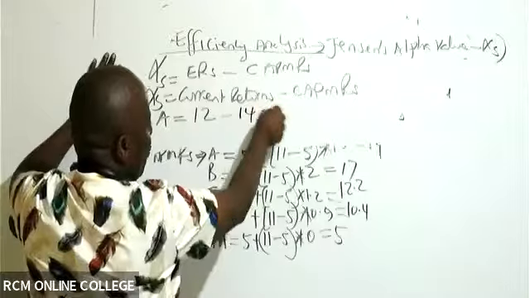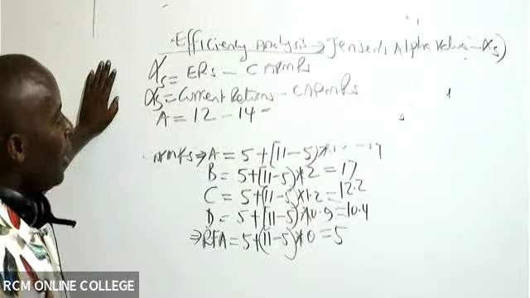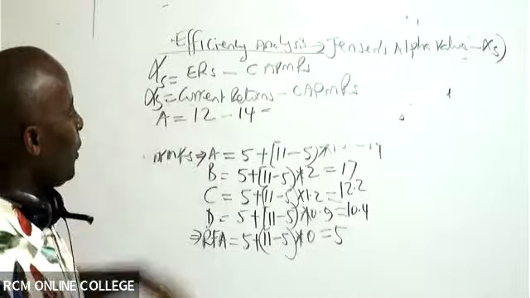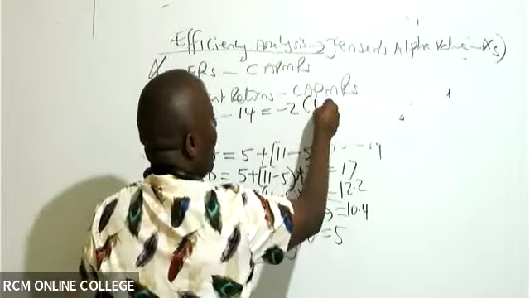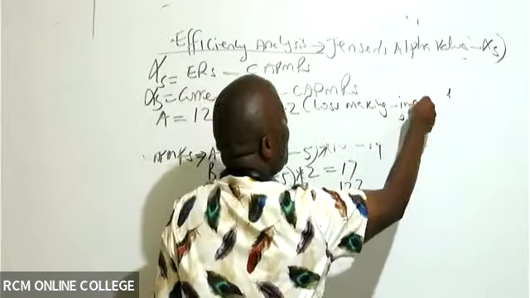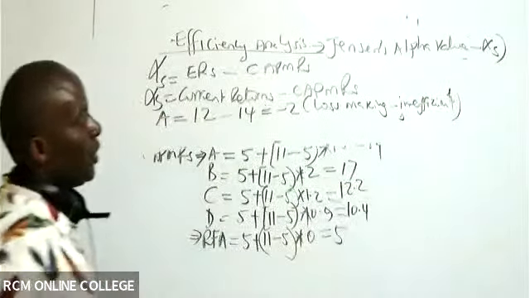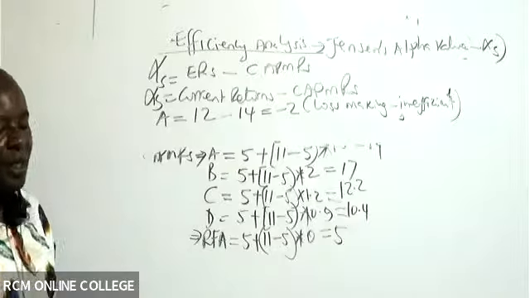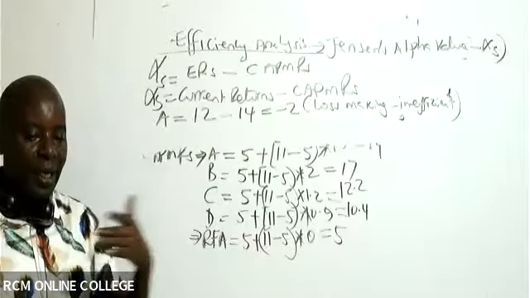CAPM return of A, 14. So what is 12 minus 14? This gives me -2. It's loss making. If it's loss making, it is an inefficient security.